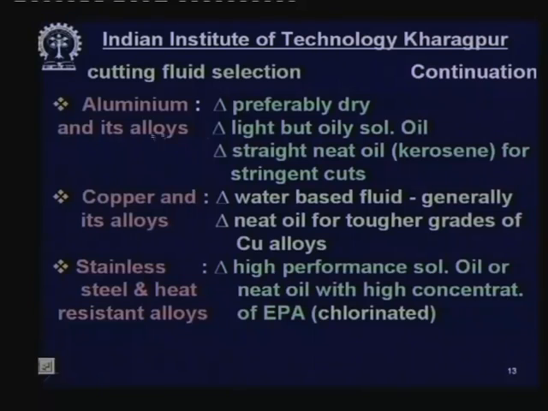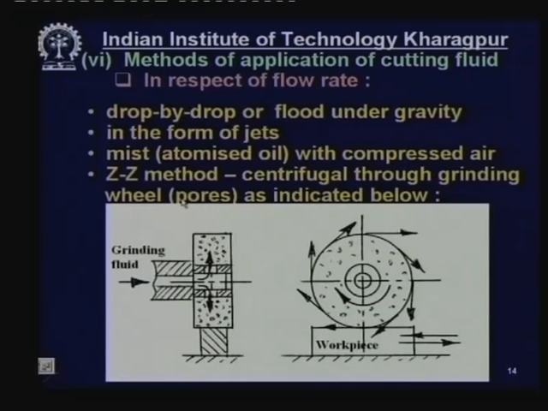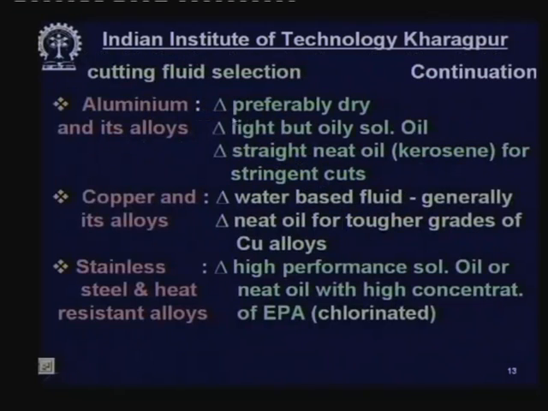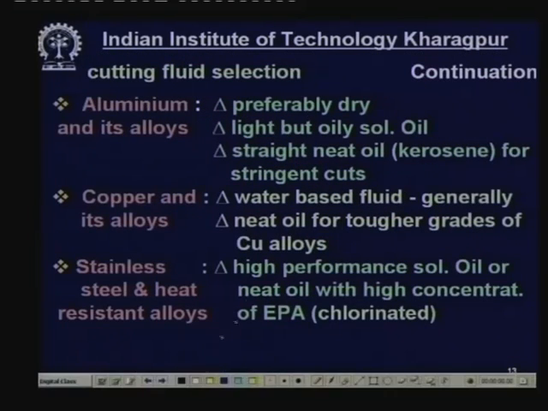So, what is done? Special care has to be taken, as aluminum and copper are very reactive. So, aluminum and copper have to be preferably machined dry. If feasible, do it in dry condition, but you can also use a light but oily soluble oil. It should be light, that is, the amount of oil should be very less, but that oil should be oily type, not only mineral oil but a little bit of compound oil, and this has to be used.